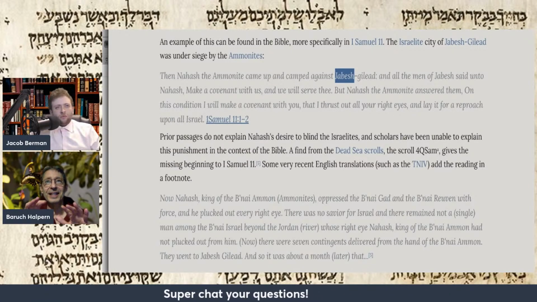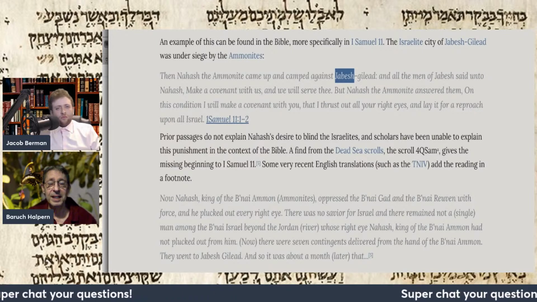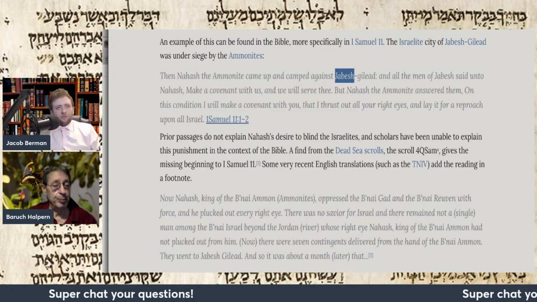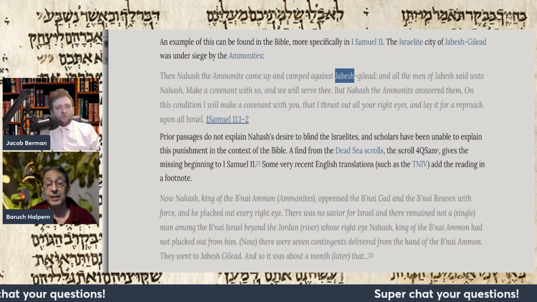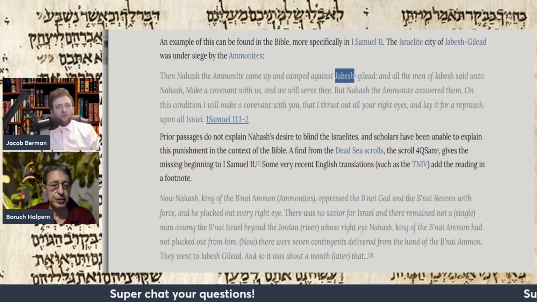It's not like this invalidates the text in any way. It's more that as one compares it, one can't say, okay, the Greek is closer to the Hebrew or to the Dead Sea Scrolls. One can say, in this case, the Greek is closer to the Dead Sea Scrolls.